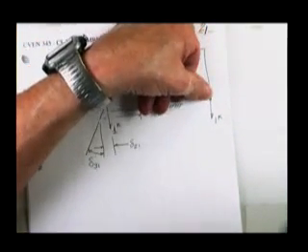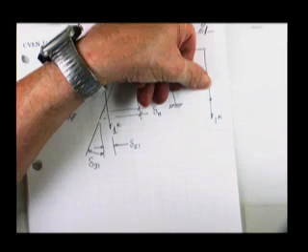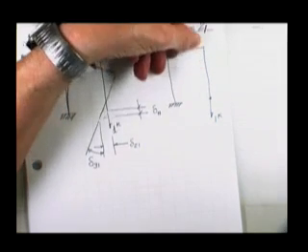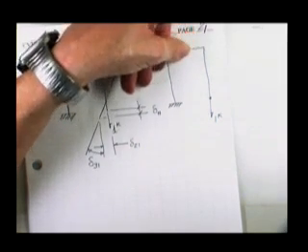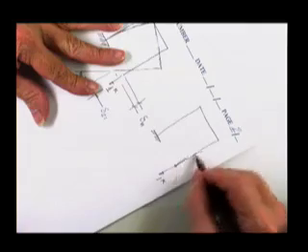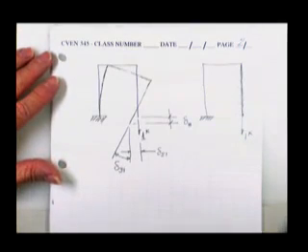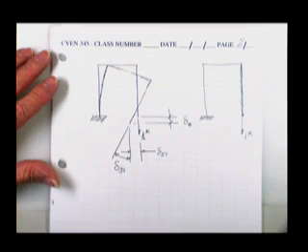How much moment is there in the frame? Is it still 0? It's not now, right? All right, so here's the moment diagram. We said that the moments would be positive if they caused compression on the outside of the frame.